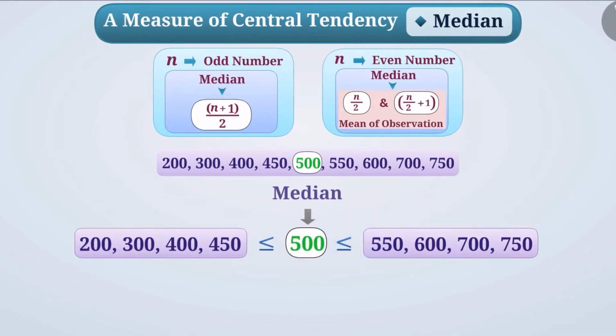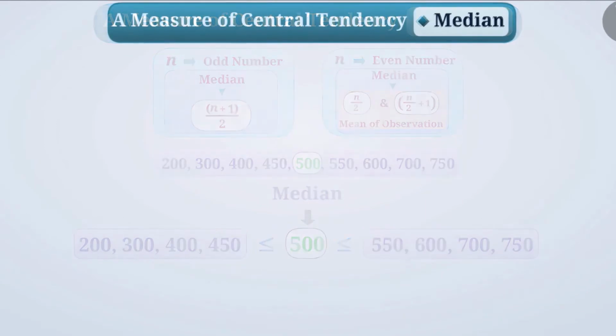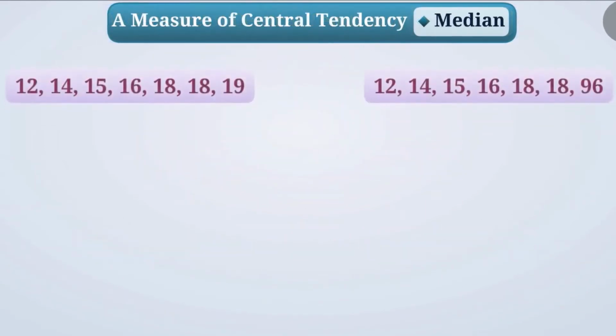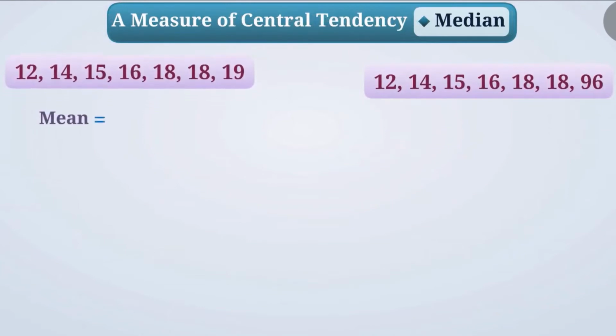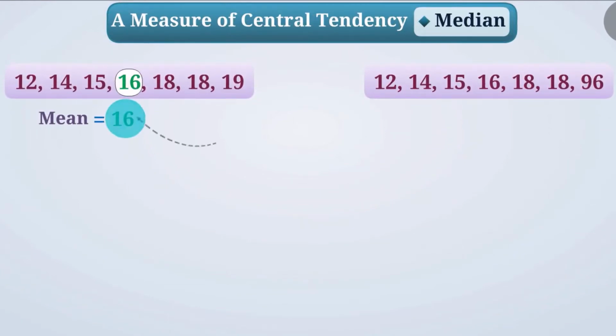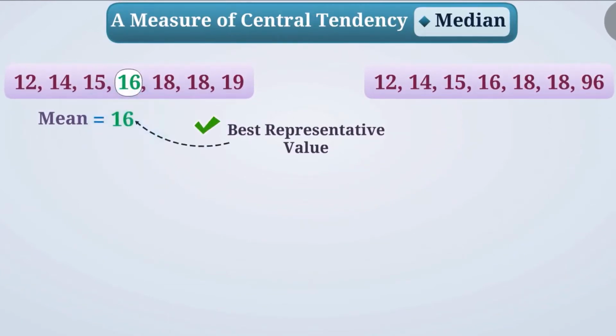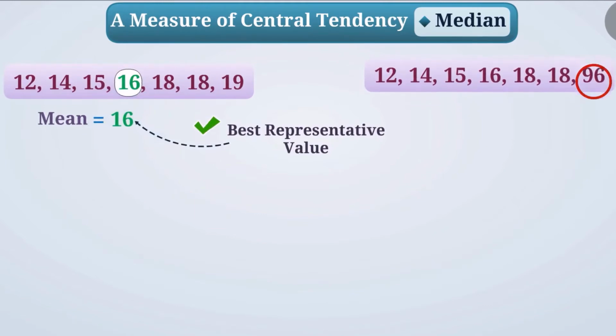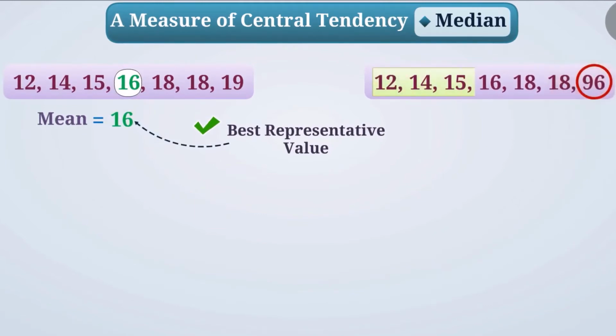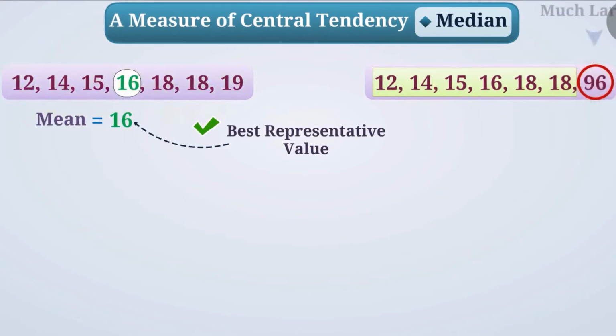Now, let's understand some characteristics of the median. Look at these two groups of data. The mean of the first group will be 16, which is a best representative value. Except for one observation in the second group, all observations are similar to the observations of the first group, but that one observation is much larger than the other observations.